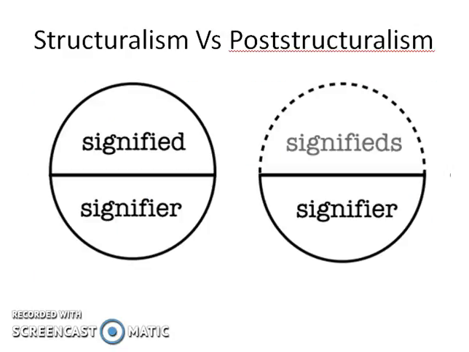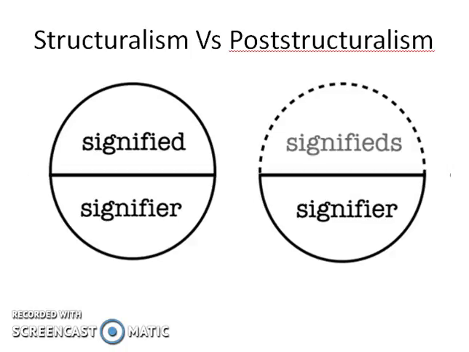Now, if we look at this comparison between structuralism and post-structuralism, structuralism says that our language is actually a signification system. A sign can be divided into two parts, a signifier and the signified.